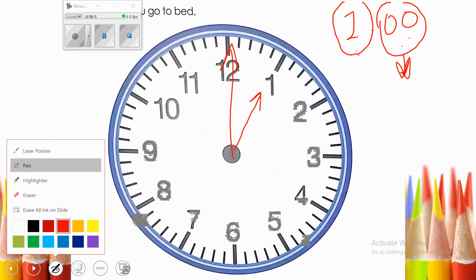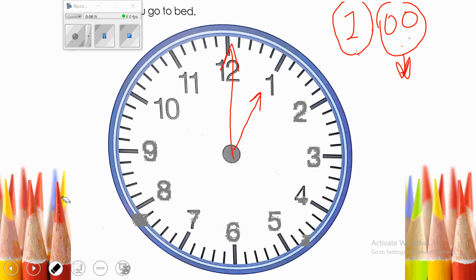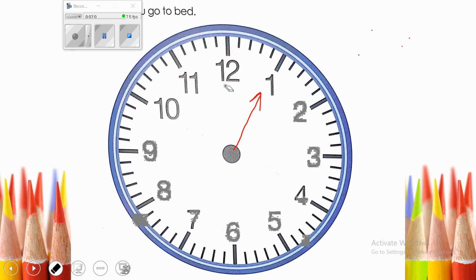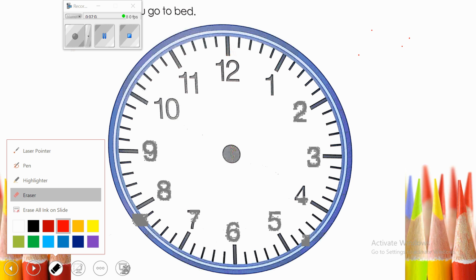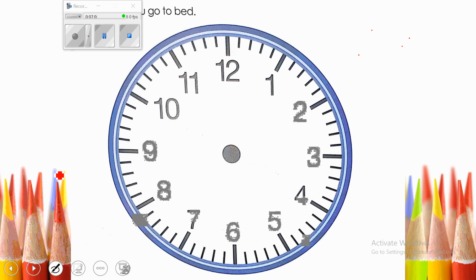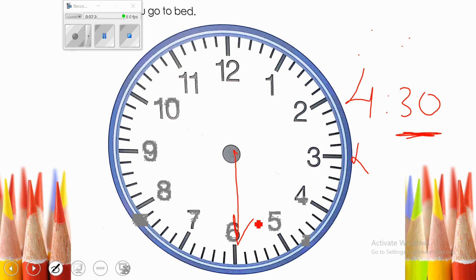Let's try another one. For 30 minutes, first of all, I have to start with the minute. Where is 30? Is it on 3? No. Where is 30? Perfect, it's on 6. Now 4.